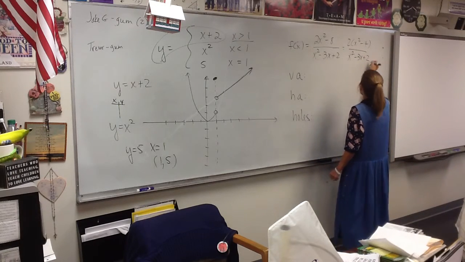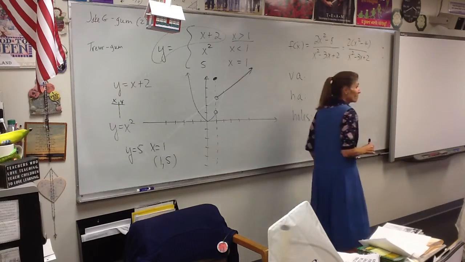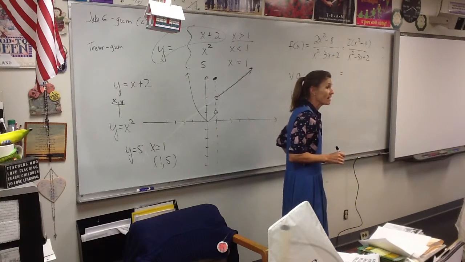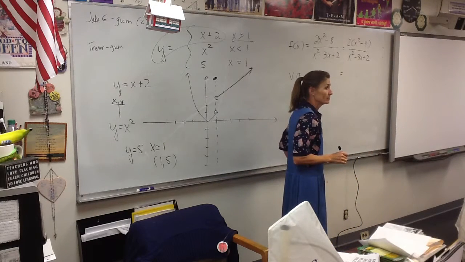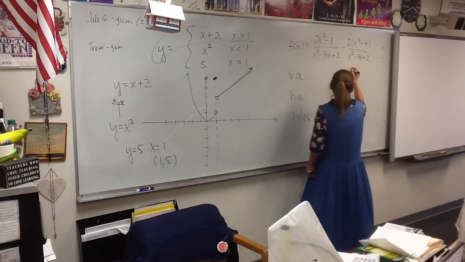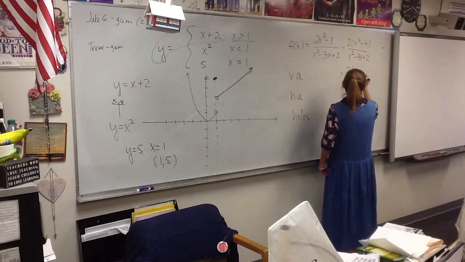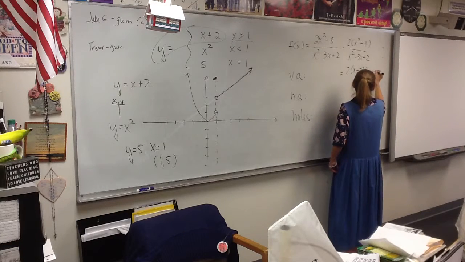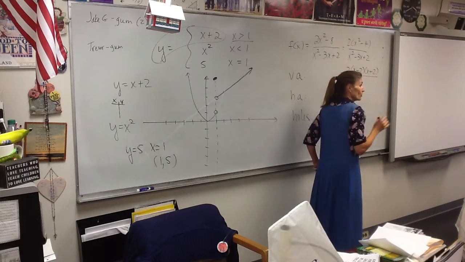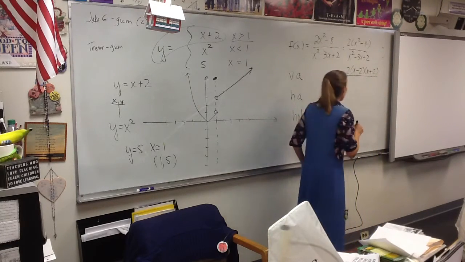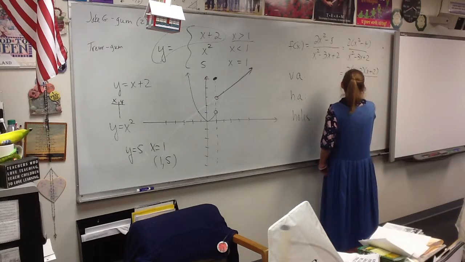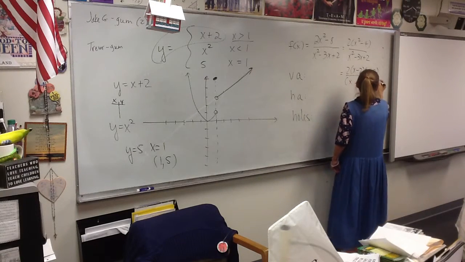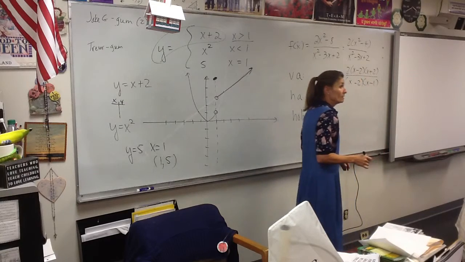Now, does the top and bottom factor anymore? Is there any factoring I can do on the top? X squared minus 4 factors as x minus 2, x plus 2, in either order, that doesn't matter. And how about the bottom? X minus 2 minus 1.